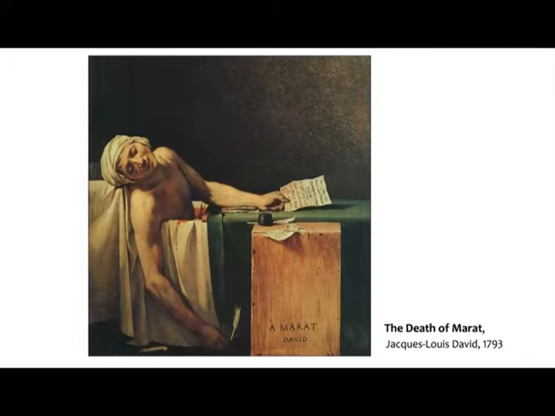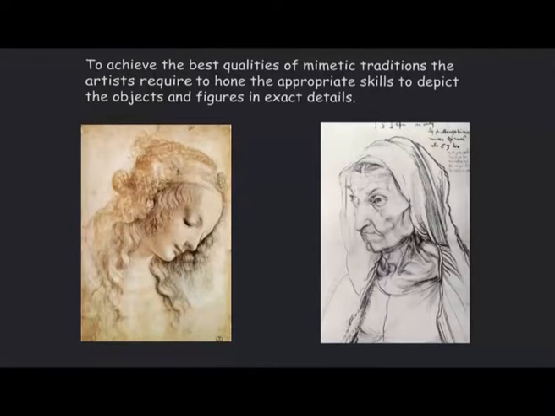But interestingly, in mimetic traditions, what you finally create is not real life, of course, but an illusion of real life. Whereas in non-mimetic tradition, nobody creates an illusion of real life, because right at the outset, when you are looking at a non-mimetic art, you know that you are looking at a different pictorial or visual world.